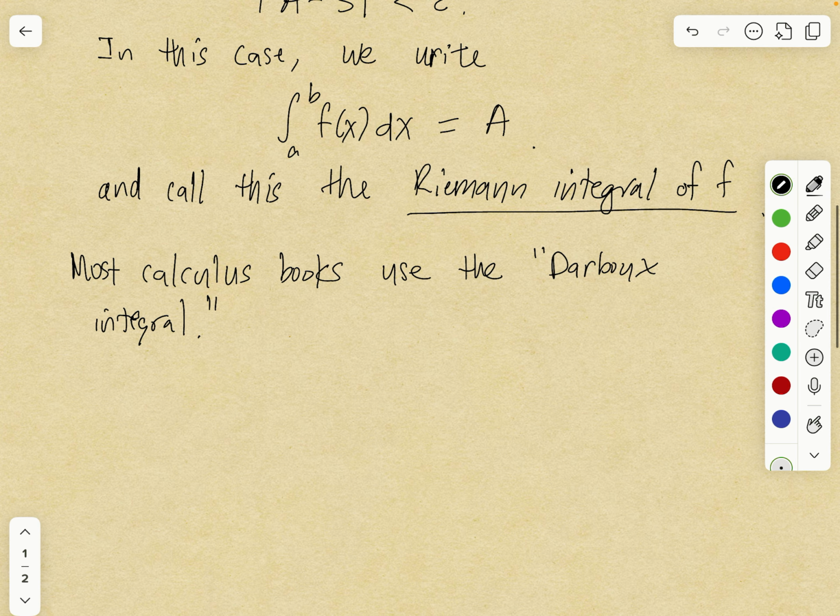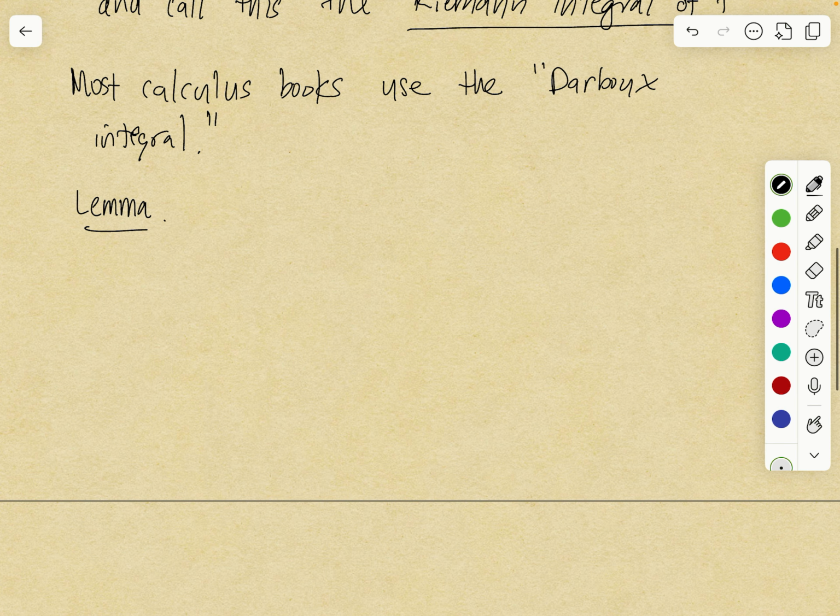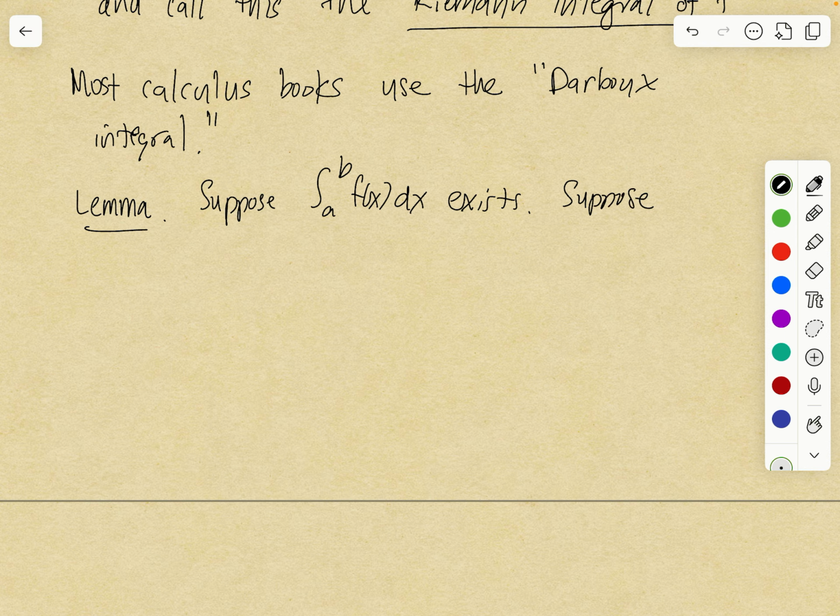So here's a lemma that actually helps us to calculate the integral if it exists. Here's a lemma, which is not in Rosenlicht's book, but I'm just going to prove it. I don't have a reference for this. So the lemma is, suppose that you know that the integral exists. And it turns out that if f is a continuous function, the integral exists. That's a big theorem. So suppose that you know the integral exists and you want to know what it is.